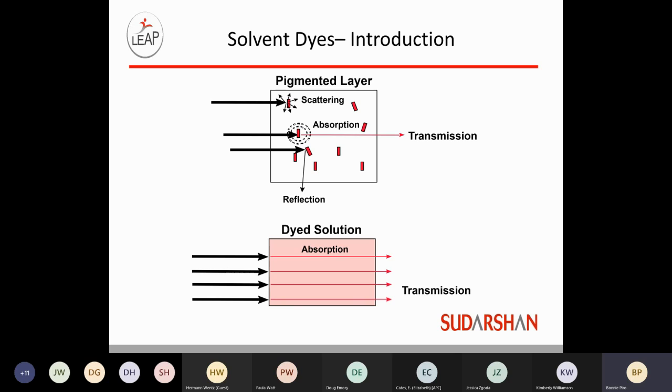So going back to some other slides I've used in the past, just to continue that comparison of a pigment versus a dye. With a pigment, there's always going to be a physical solid particle in the part or the film that is ultimately being colored.